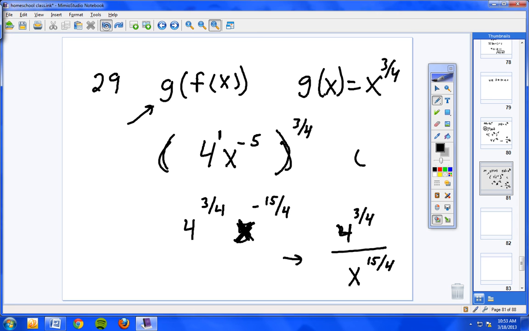I'm just trying to show you you can really take these sometimes to a whole nother level. And to be honest with you guys, x to the 15/4 means you really have a radical in the bottom. It's the 4th root of x to the 15. I could then have you rationalize the denominator. I'm not going to do all that to you, okay? This is good enough. We're just doing composition of functions, okay? Composition of functions.